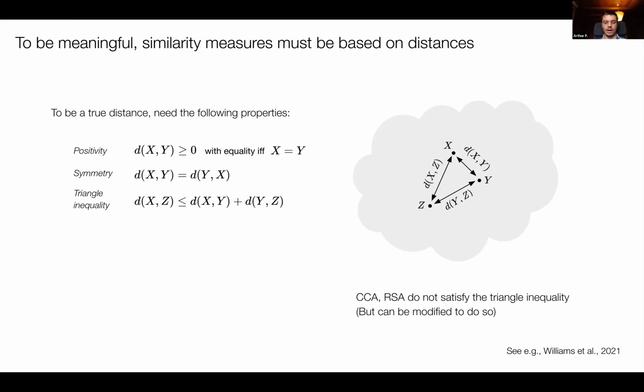CCA and RSA are examples of methods that don't. Procrustes is an example of a method that does. If we do satisfy these properties, it means that we've really defined a topological metric space on the space of possible activations of neural networks. So we've defined a space of possible representations in a mathematical sense.